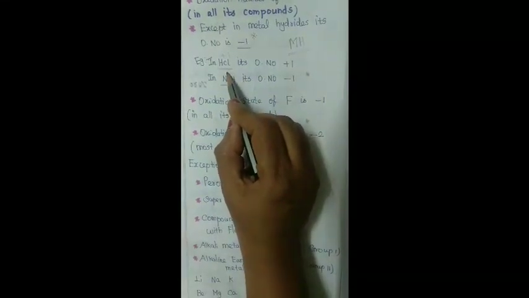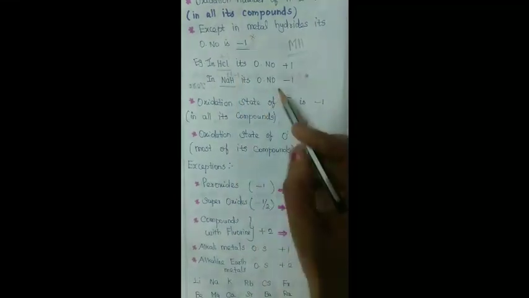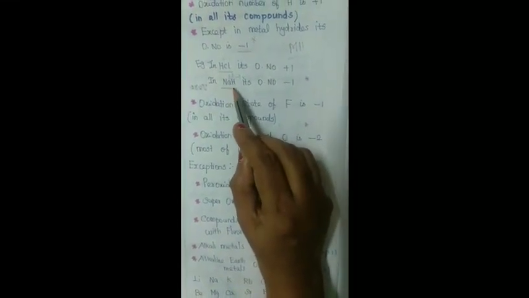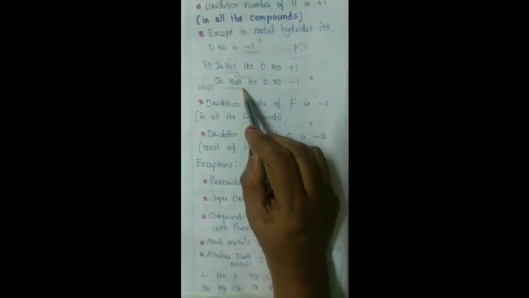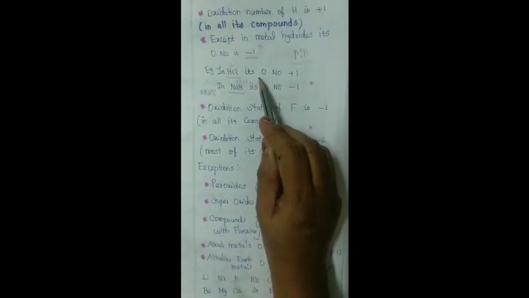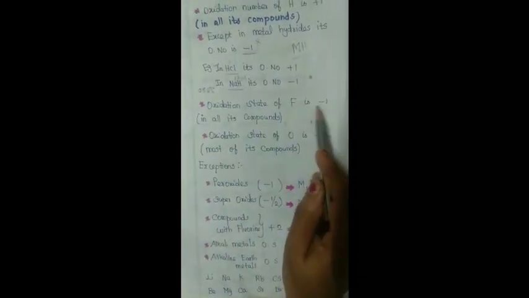Sodium acquires plus 1 charge and hydrogen acquires minus 1 charge. So this is called metal hydrides. So I said in metal hydrides, oxidation state of hydrogen is minus 1. But in all other compounds of hydrogen, it exists in plus 1 oxidation state. Is it okay? So next rule, oxidation state of fluorine is minus 1.